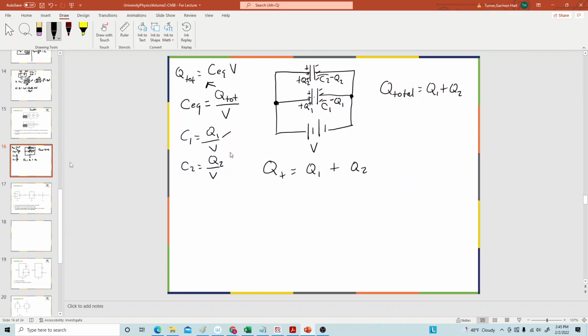And by the same token, both of the other two are going to follow the exact same pattern. So this is going to be C equivalent times V. And this is going to be C1V plus C2V. But the values of the voltage are all the same, so they all cancel out. And the equivalent capacitance is therefore just the sum of your individual capacitors. And so if I added a third capacitor in here, it would just simply extend this formula. Okay?